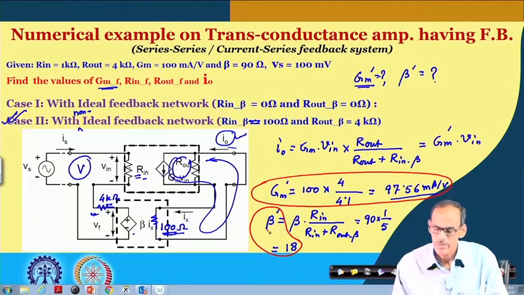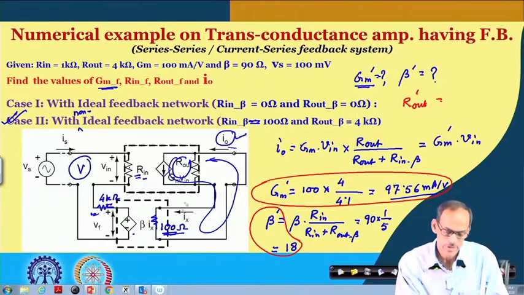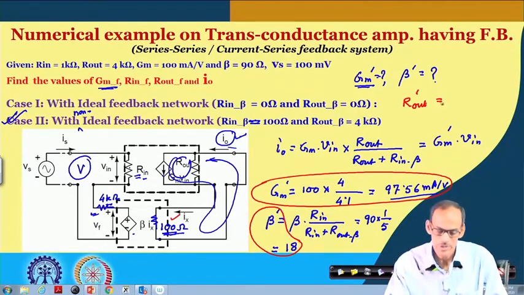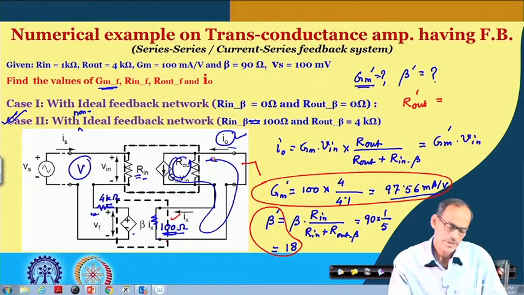So, likewise you can find what will be the R out dashed, that means the output resistance in presence of this 100 ohms. So, definitely, if you see here, this resistance is coming in series.